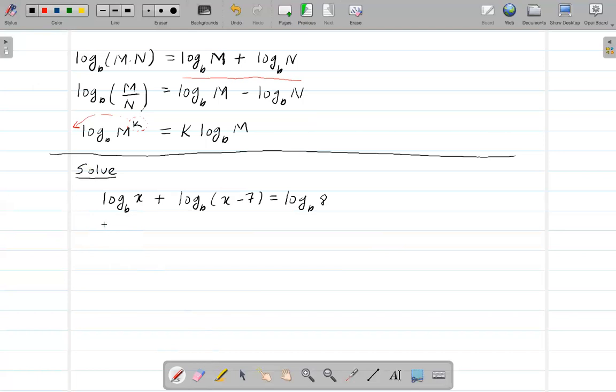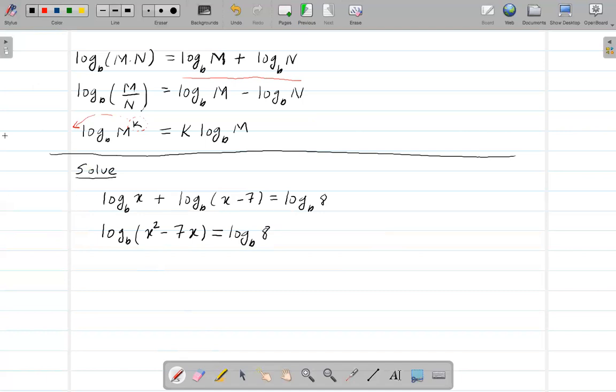If I distribute this x to x minus 7, the first one is x squared, and the second one is negative 7x, equal to log base b of 8.